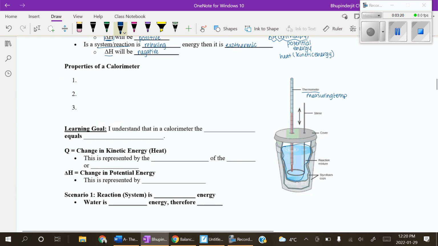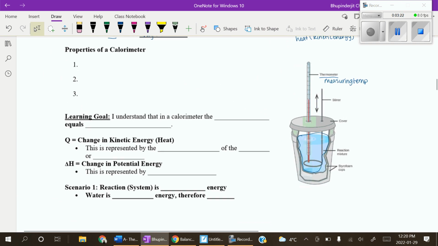So let's take a look at some of the properties that are part of a calorimeter. First one, the calorimeter has to be an isolated system. Now we know in real life this isn't perfect. Even if you put coffee in a thermos, eventually it's going to get cold. But our aim is to get as close as possible to an isolated system.